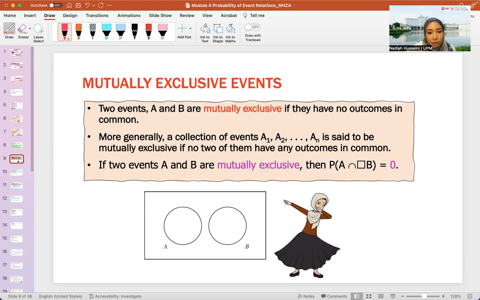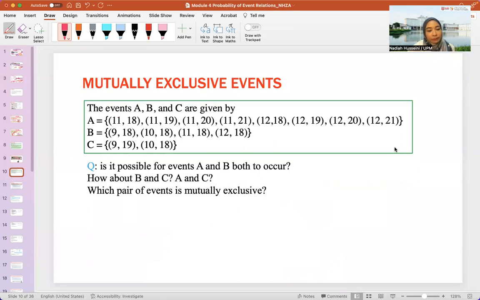So if two events are mutually exclusive, then we write it as P of A intersect with B, the probability of A intersecting with B is equal to 0, because the possibility of them having the same outcome is 0. Okay, so example, again with the resistors. Events A, B, and C are given by this one. Is it possible for events A and B to both occur?